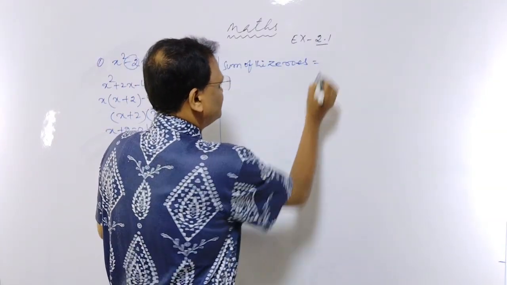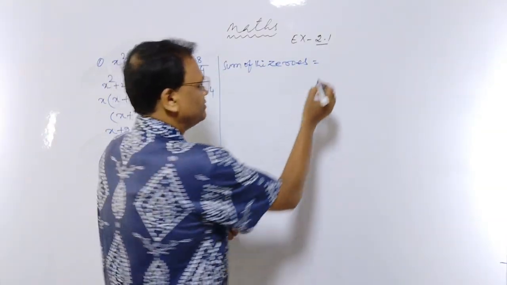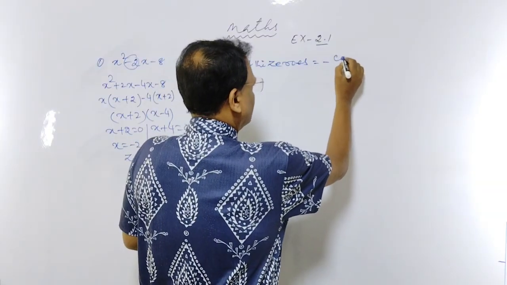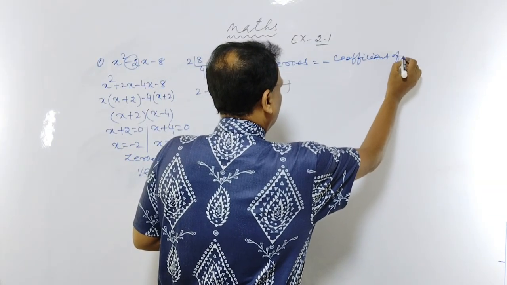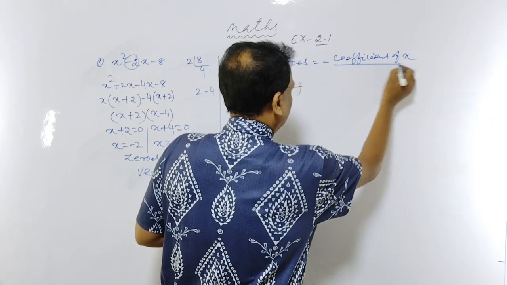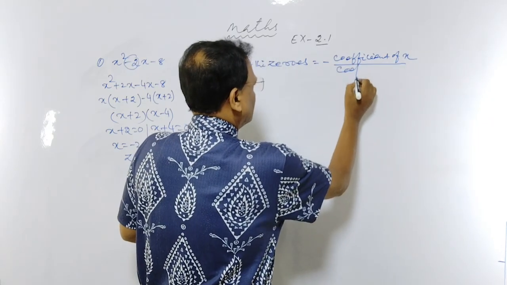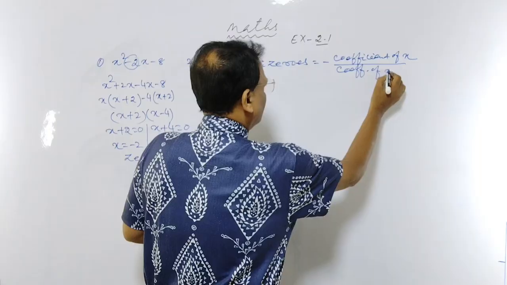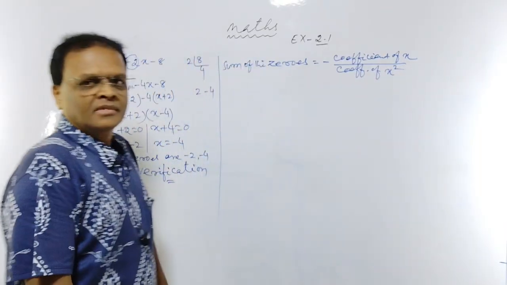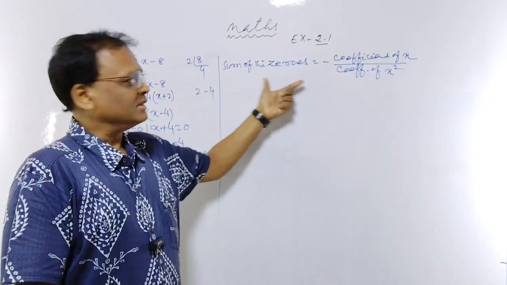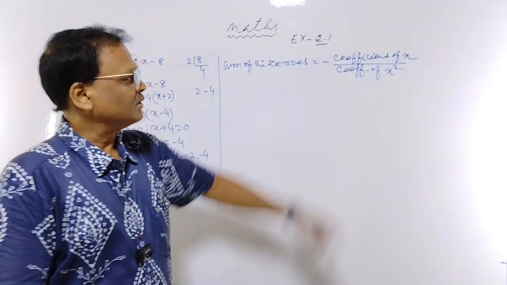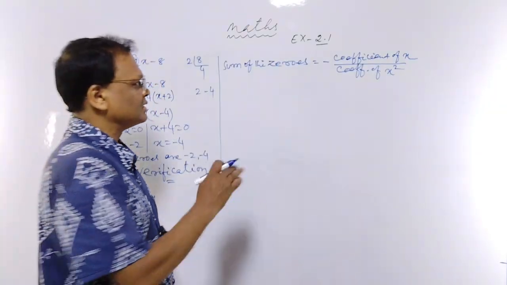The formula is in terms of coefficient: minus of coefficient of x divided by coefficient of x square. So this you have to verify. Sum of the zeros is equals to minus of coefficient of x divided by coefficient of x square.